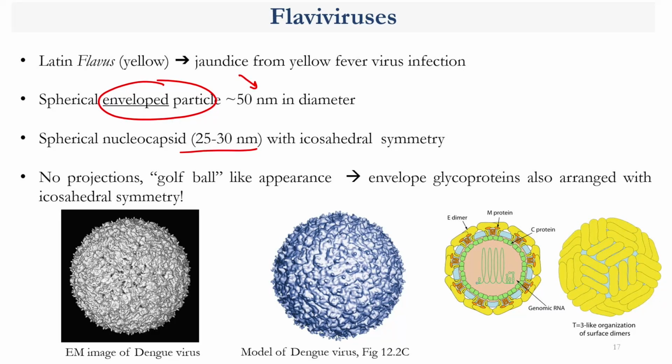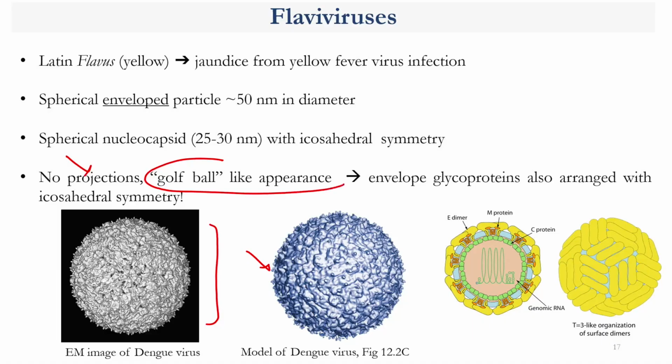Now, one thing to note here is that the surface is relatively smooth, okay? So this is an image of the dengue virus, which is a type of flavivirus, and this is the model structure. There are no projections from this surface, from the envelope. Instead, it has a golf ball-like appearance. Your envelope glycoproteins are arranged such that they are in icosahedral symmetry.